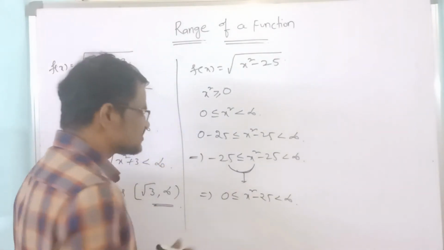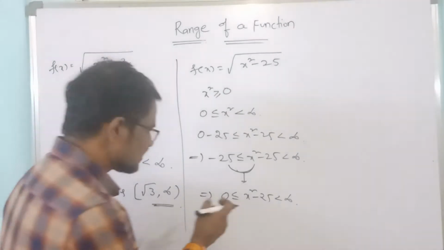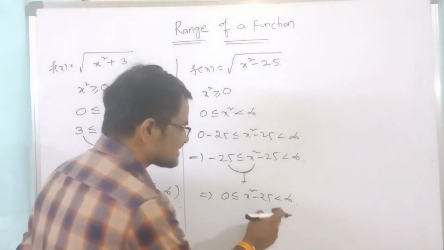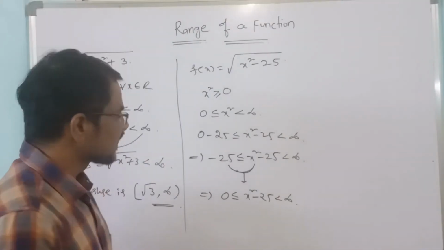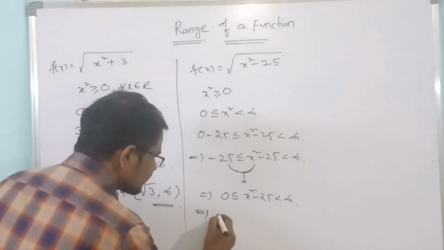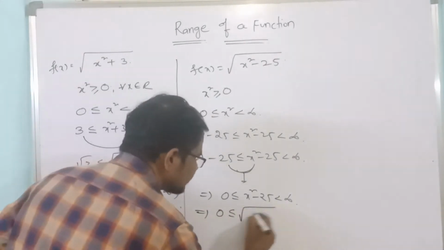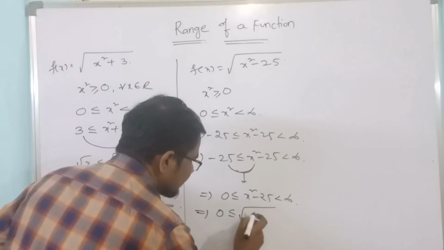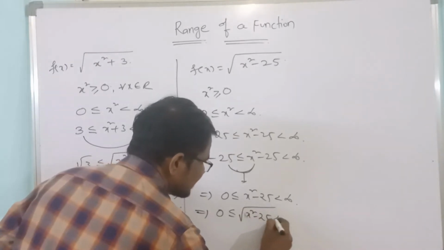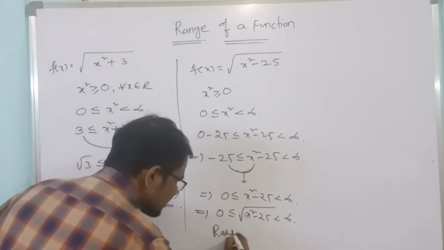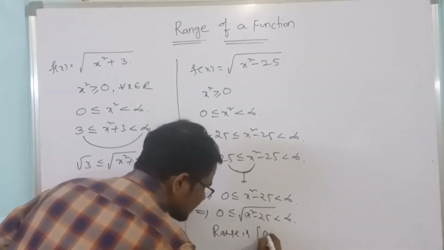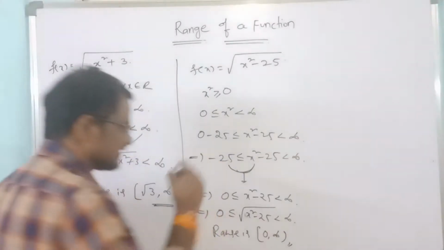Now you can take the root for this one. So that is 0 less than or equal to root of x square minus 25 less than infinity. So therefore range of this function is closed interval 0 to infinity.